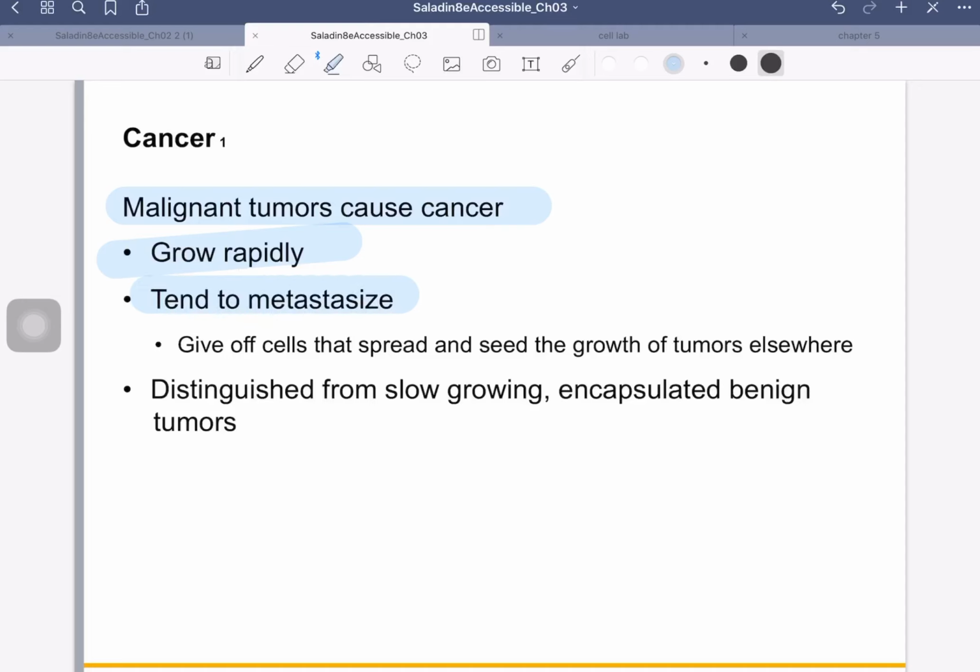Metastasize means they move from their primary site to other sites where other tumors may develop. And this is different than benign tumors. Benign tumors typically are slow growing or really hardly ever growing that much. And they're often encapsulated. That's one of the hallmarks, that they actually have some type of capsule around them.